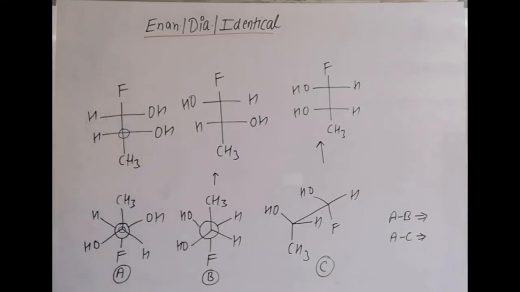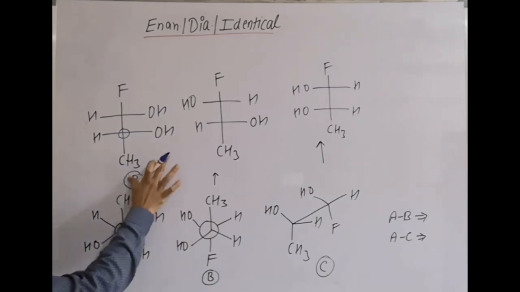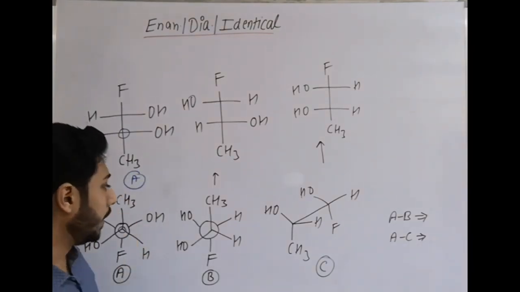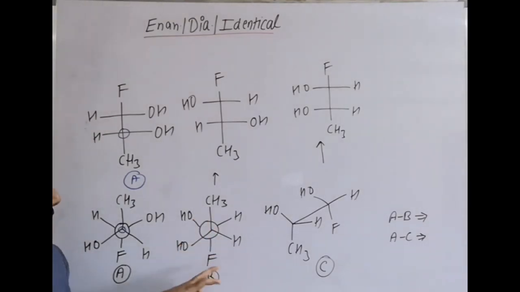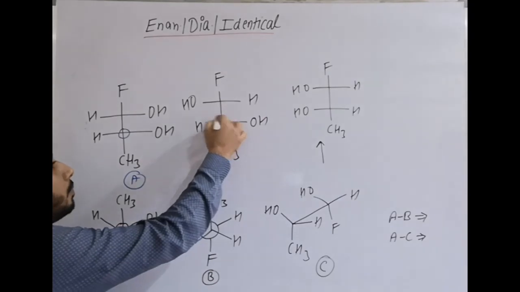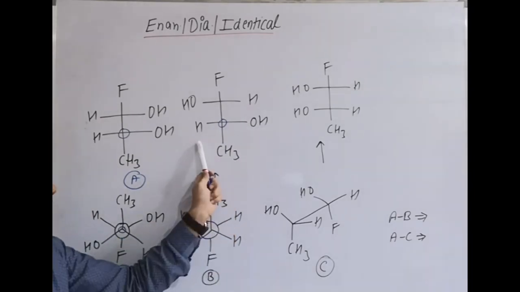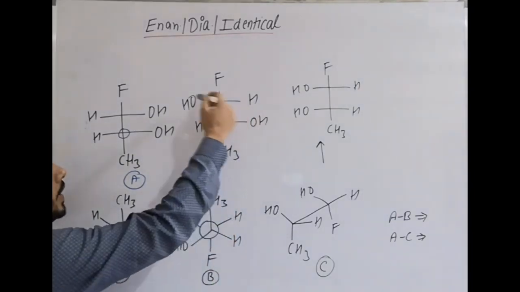This is the Fischer projection of the structure given in A. Then in B, same pattern: CH3 exactly rotated by 180, H on the right, OH on the right side, H on the left side. The carbon which is in front here will be in the bottom part of the Fischer projection: downward CH3, right side OH, left side H. The back carbon is fixed, with H and OH on the right side.